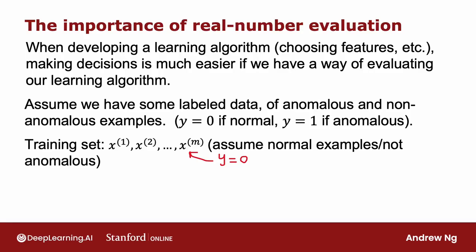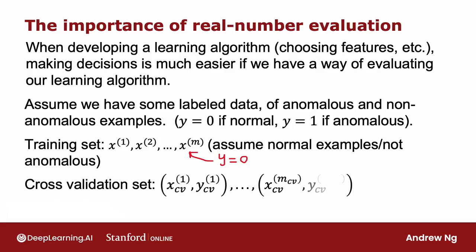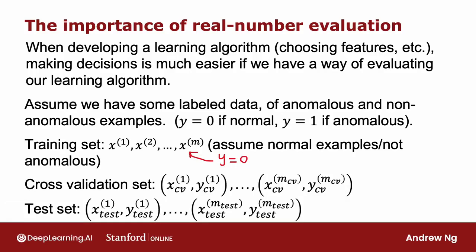To evaluate your algorithm, to come up with a way for you to have a real number evaluation, it turns out to be very useful if you have a small number of anomalous examples so that you can create a cross-validation set, which I'm going to denote xCV1, yCV1 through xCVmCV, yCVmCV. This is similar notation as you had seen in the second course of the specialization, and similarly have a test set of some number of examples where both the cross-validation and the test sets hopefully include a few anomalous examples.